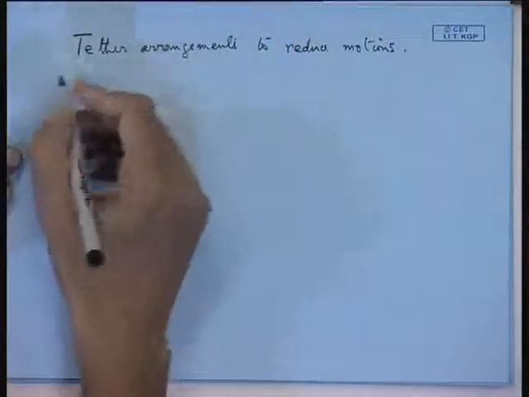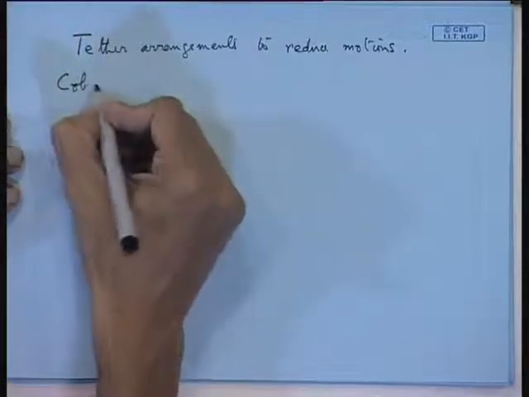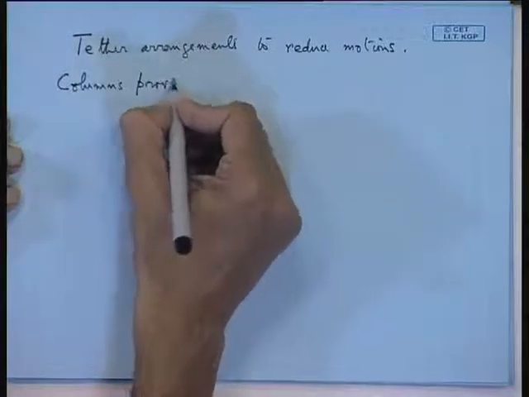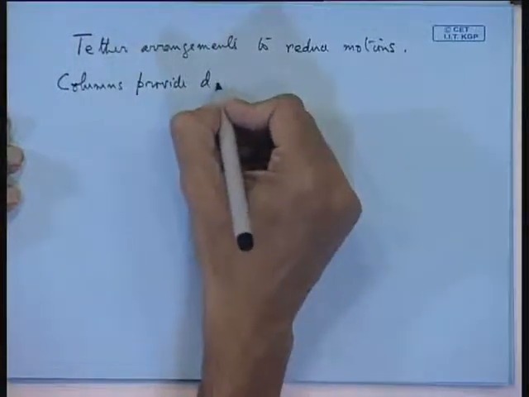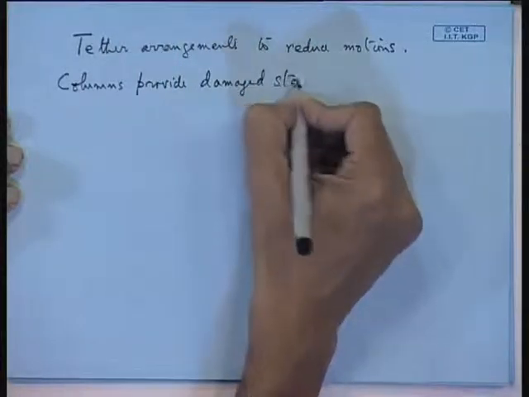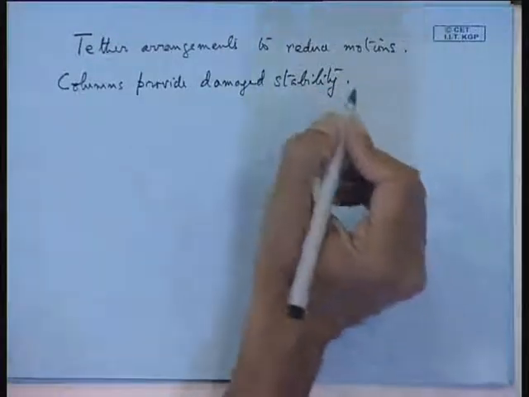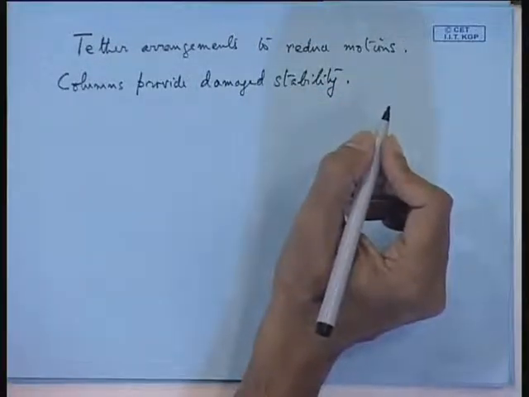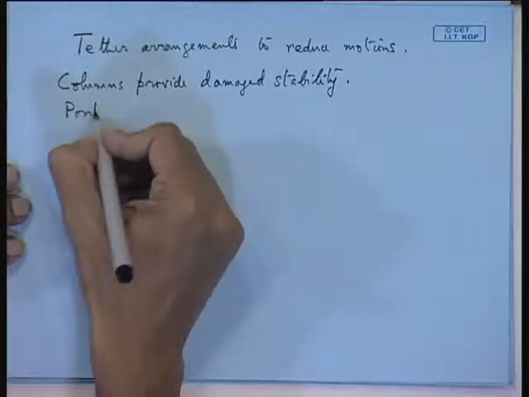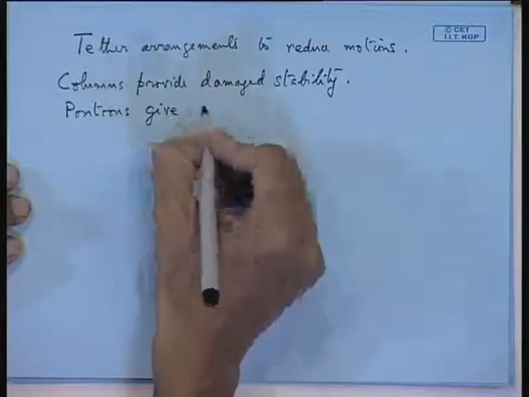So, columns give your damage stability. Whenever you are thinking about stability, the columns provide damage stability, and pontoons give structural strength.